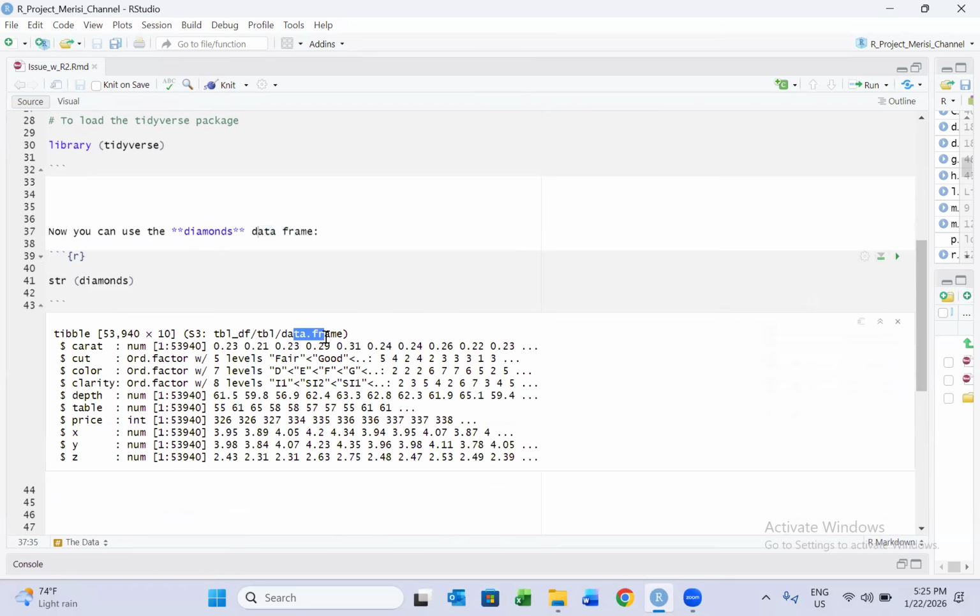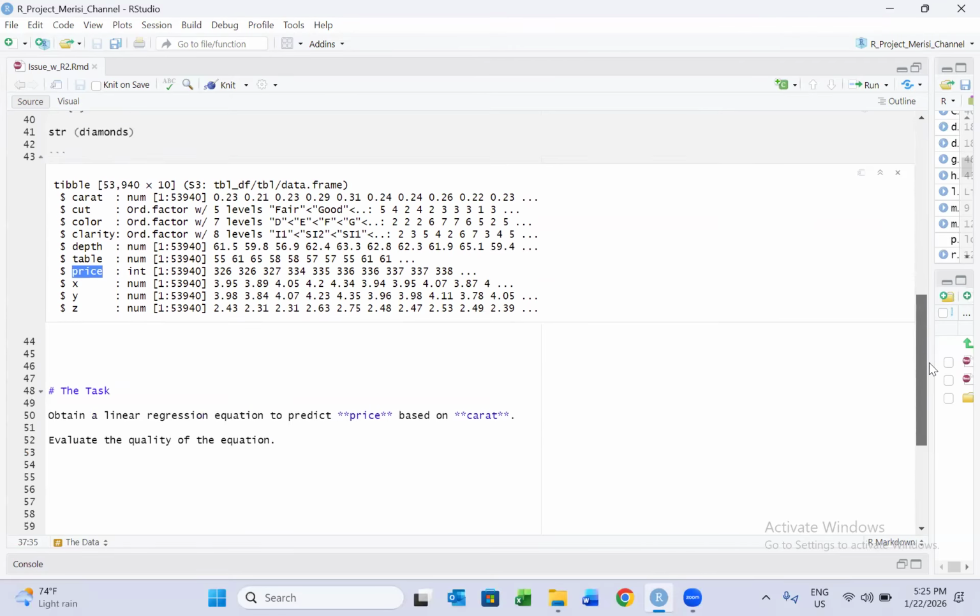It's a data frame with data about 53,940 diamonds. For each diamond, they collected a lot of data, like number of carats, type of cut, the color, and so on, and the price of the diamond. A bunch of information for each diamond. The task that I want to do is this.